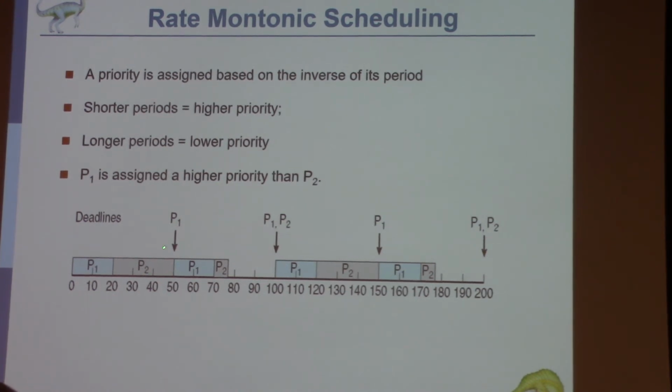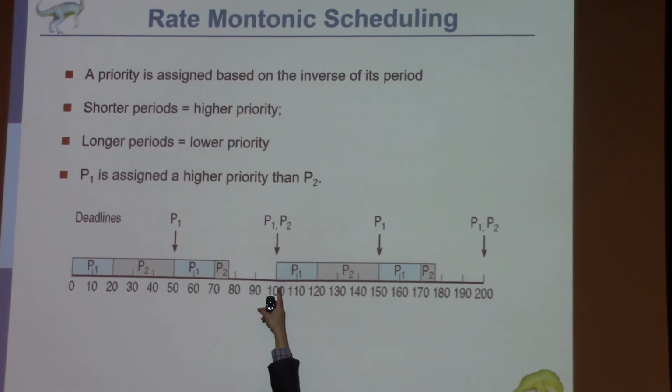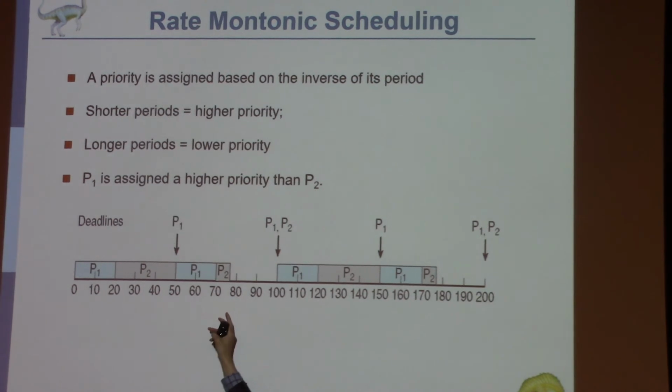Even though P2 has a total CPU burst time of 35, it's not done yet, but at time 50 a new period of P1 starts. P1 is important, so P1 will be selected again. P1 is done, then P2 will be processed. P2's period ends at 100, so it still has time.